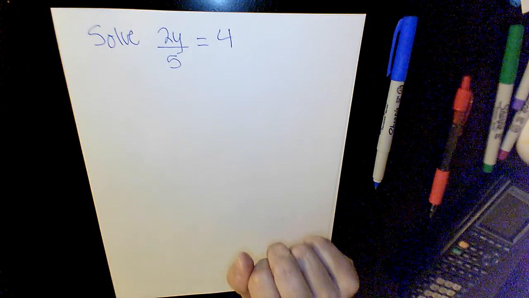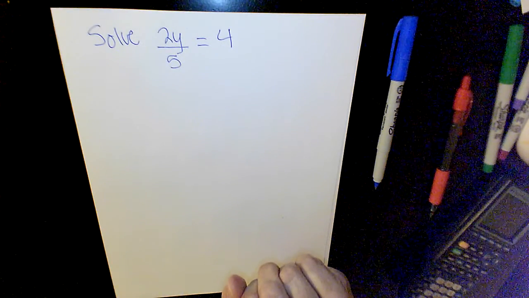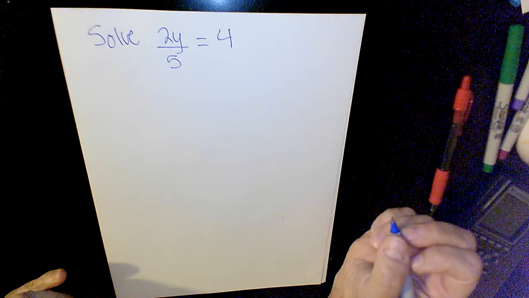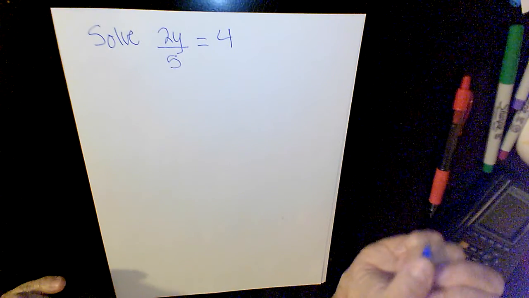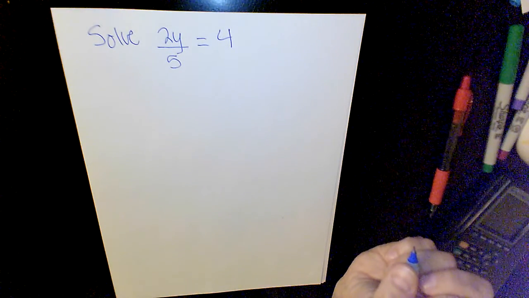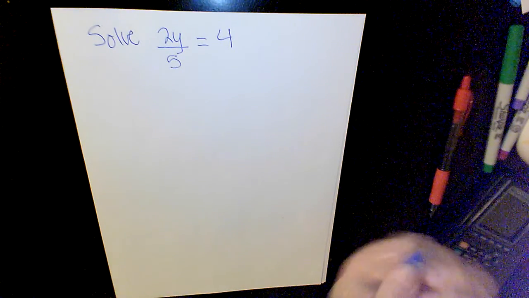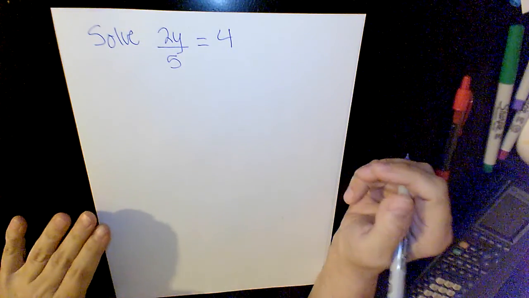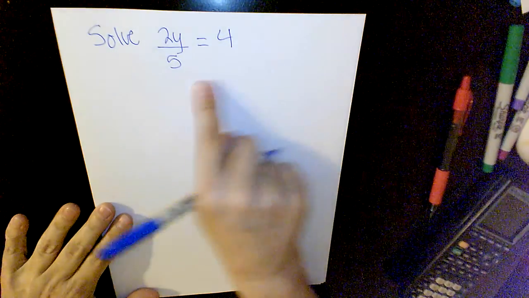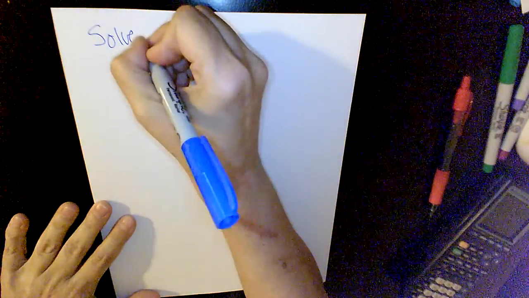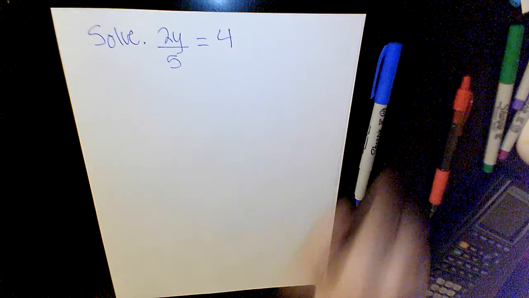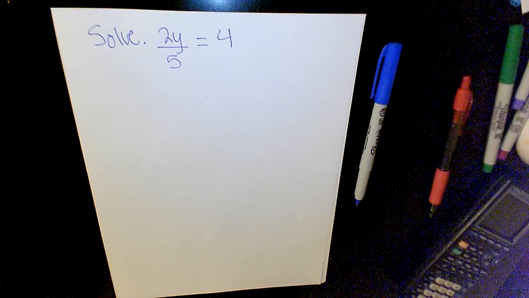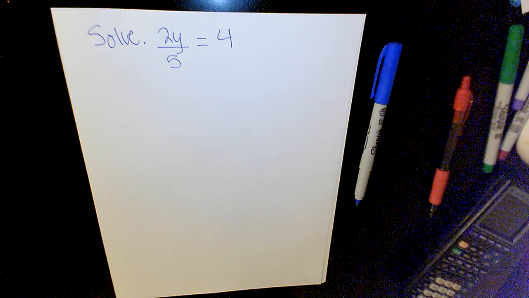Okay, I want to solve 2/5 y equals 4, and I want to solve for y. Usually they just say solve. Sometimes they'll say solve for a letter or solve for the variable, but most times they just say solve.